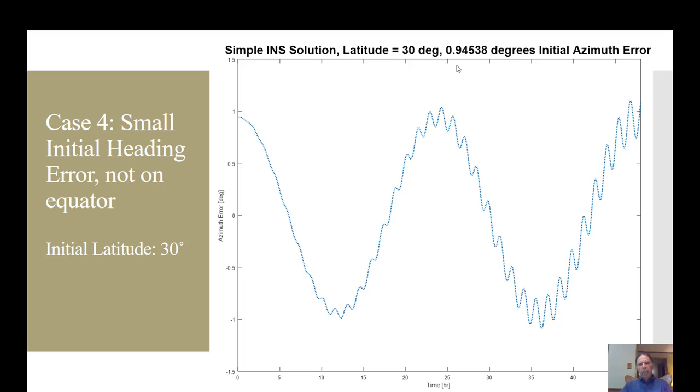However, it's still within reasonableness bounds for making the small angle assumption. And this is the azimuth error, starting, of course, at the proper initial condition and having a cosine type effect, and now including some Schulers.